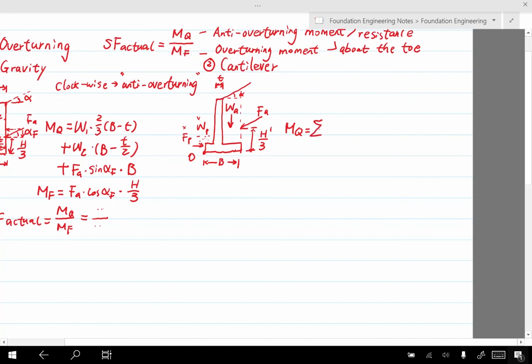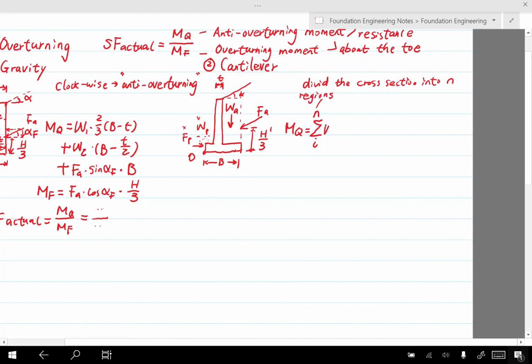Let's say that we divide the cross section of the wall into n regions.